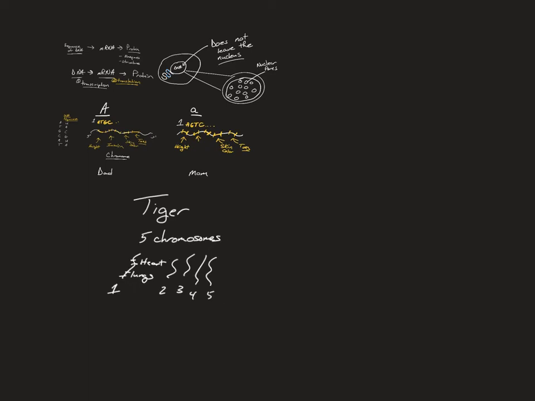Now, obviously, tigers have more, and I don't know what gene is on what chromosome. I don't care for the intent of explaining this process. Now, let's say a lion's a different species. There's no guarantee that they have 5 chromosomes. Maybe they have 7. Whatever, I don't care.